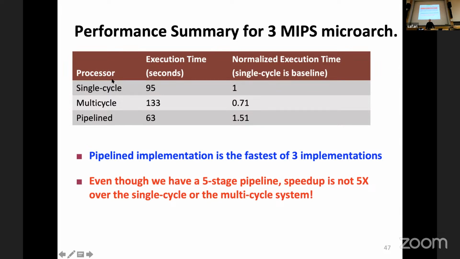Another thing is that your CPI in a pipeline processor is not perfectly 1, as we just saw. So in the end, you're going to have some speedup, but it's not that huge. But I would say it's large enough that all modern processors are pipelined. And as I said, the pipeline is quite deep in today's processors.